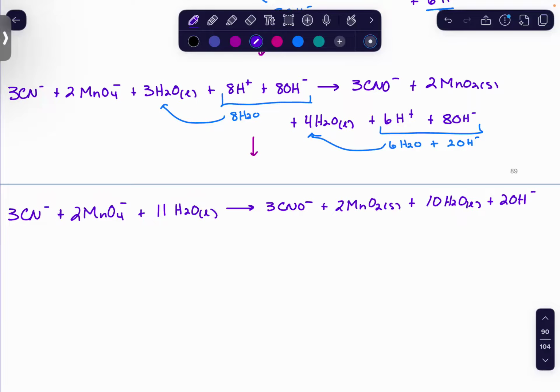Now we're going to cancel like terms. Okay, I have 10 waters on the right, 11 on the left. So the full 10 on the right is gone. That's going to become 1 water. And that's all that's left. So now we can write down our final answer.